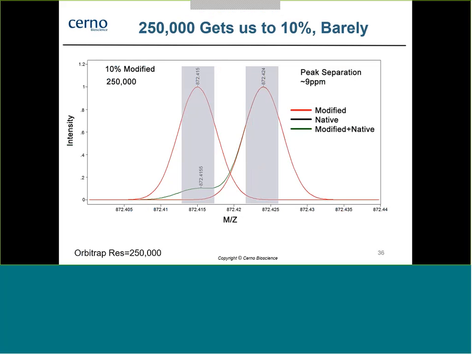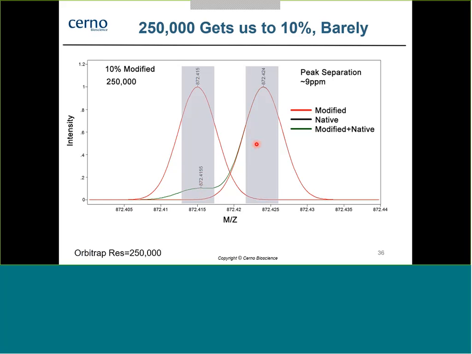So let's go to 250,000 resolution. So at 10%, you can see what's happening now is the line widths are getting even narrower, and if we add these two together again at the 10% level, we actually do get a centroid for the modified and for the native form. So actually this does work, but we do need to go to 250,000 resolution.